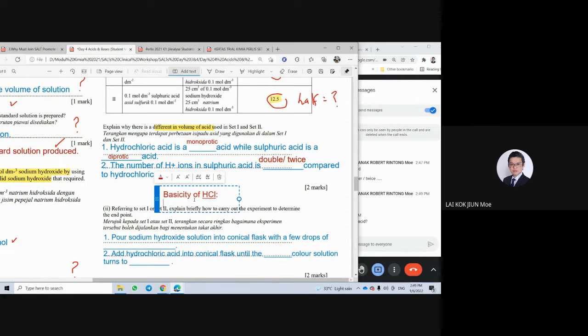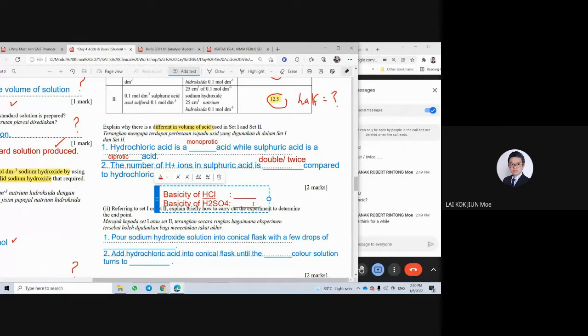Sometimes they can come up with this word, basicity of H2SO4. So sometimes you can see this word also. So what is the meaning of basicity?